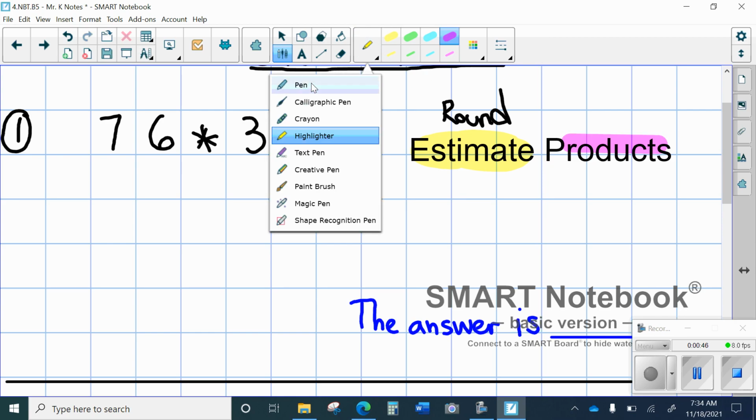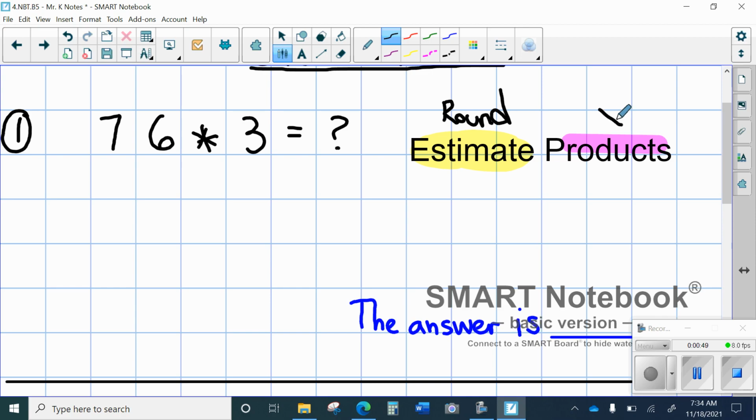Remember that when you multiply two numbers together, the product is the answer to the multiplication problem. So remember, factor times factor equals product. So we're going to round, and then we're going to multiply in the problems that we have here. That's what it means to estimate products.